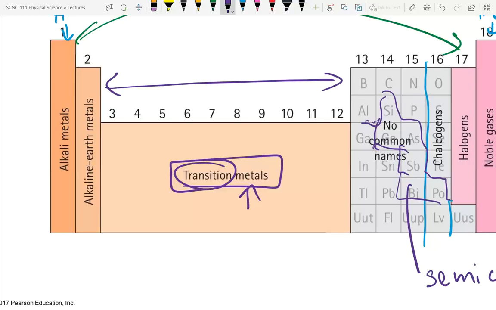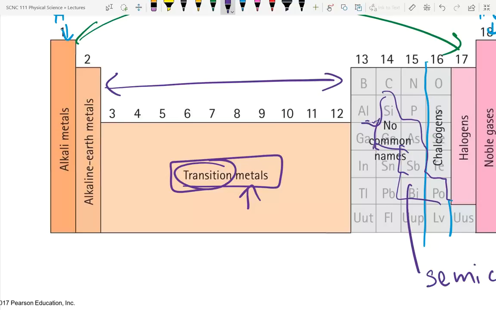Well, because those are the things that we think of as metals. Even though we had alkali metals and alkali earth metals for the first 2 columns, most people don't think of sodium as a metal. Most people don't think of calcium as a metal. But everybody thinks of chromium, iron, gold, silver as metals. So those are the metals.